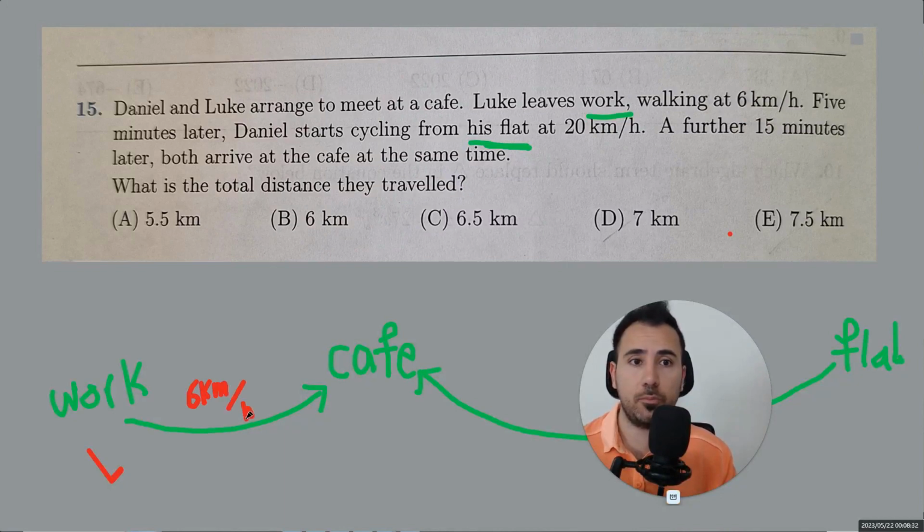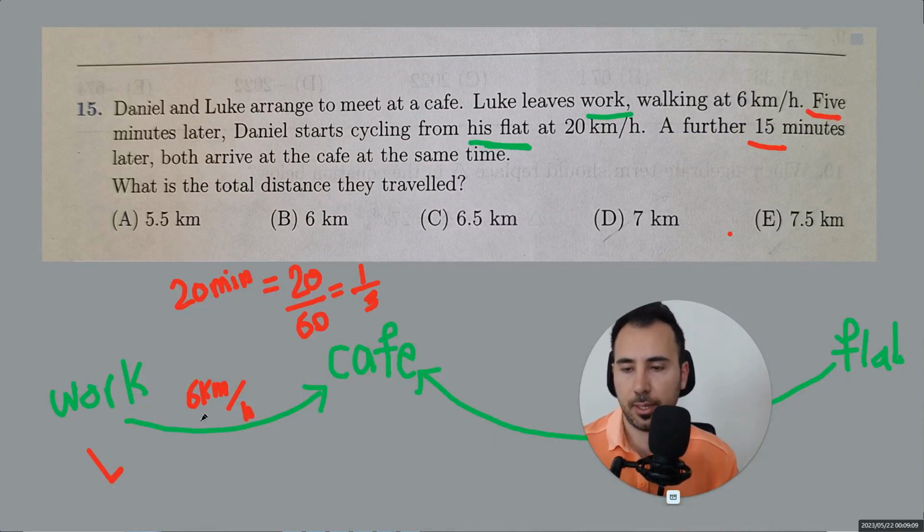For 20 minutes. Why 20 minutes? 15 minutes here, 5 minutes here. 20 minutes is how many hours? A third. Because 20 over 60 minutes is going to be 1/3 of an hour.